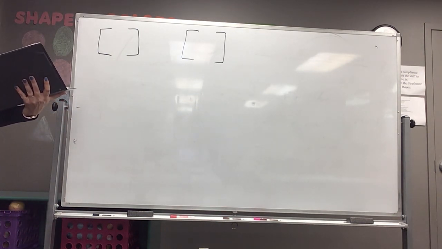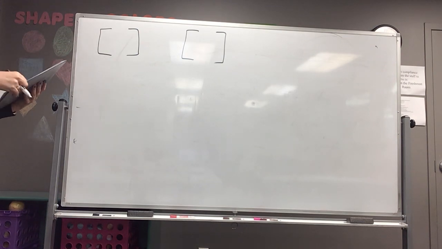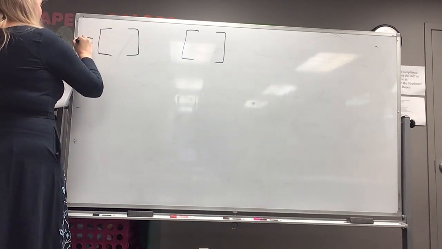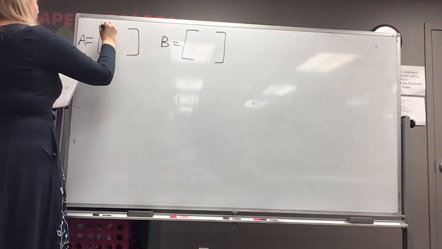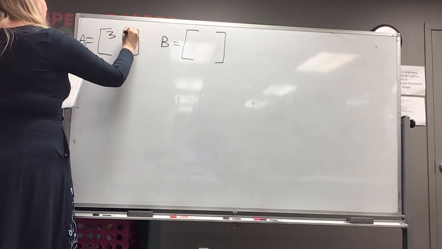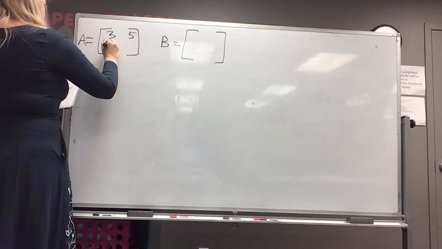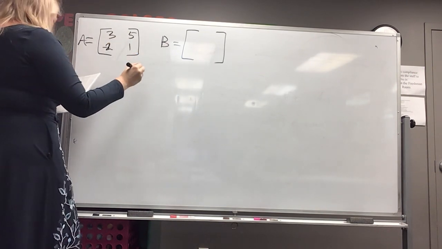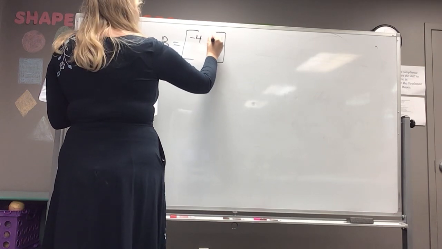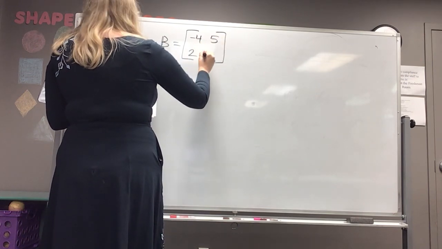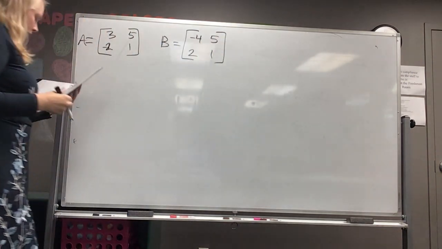Those are the sizes that they actually use on the test. So we have 3, 5, -2, and 1. We've got -4, 5, 2, and 1.